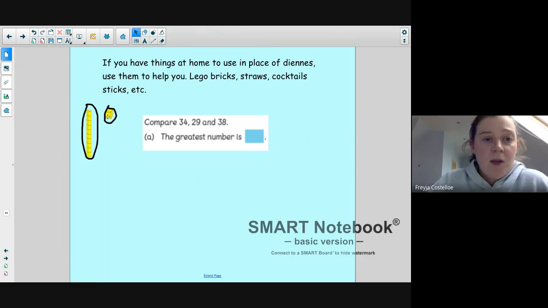But I am going to use these that I have on the screen for the time being. So it says here, compare 34, 29 and 38. Right, well, I'm going to work these out in my Deans first of all. So 34, how many 10s are in 34? Let's count them up in 10s as we go actually.